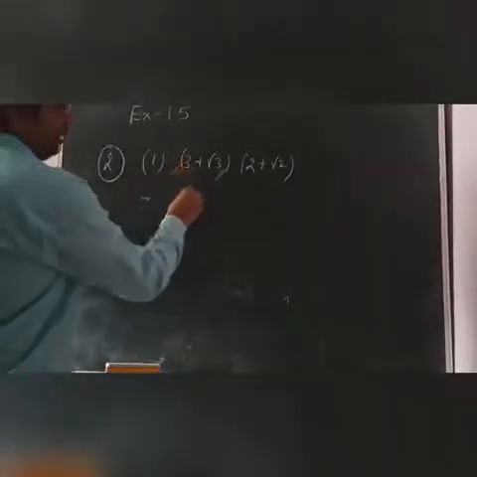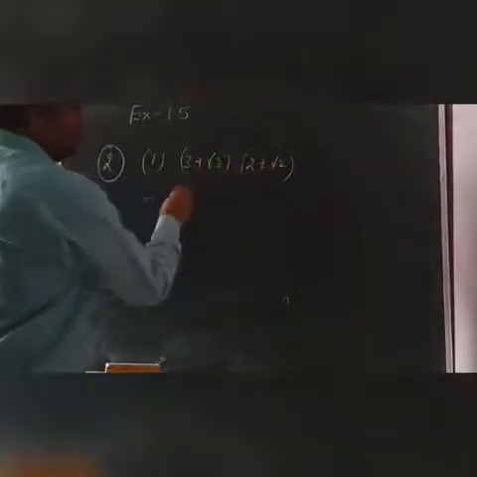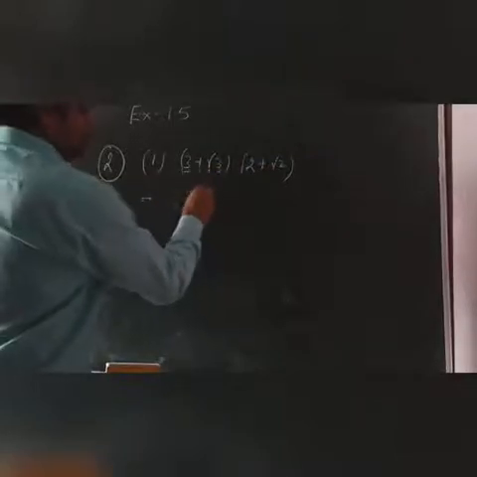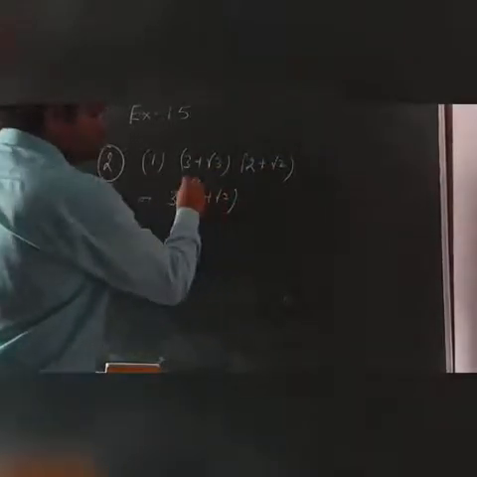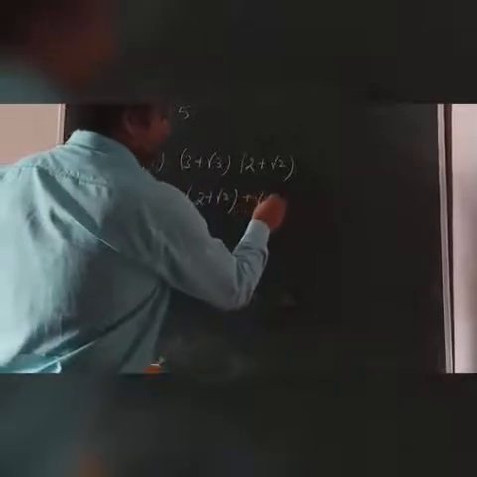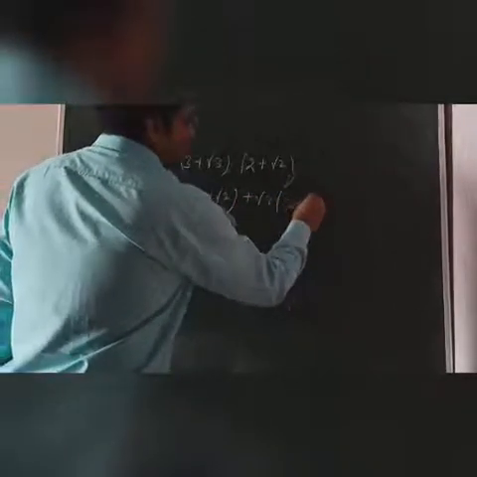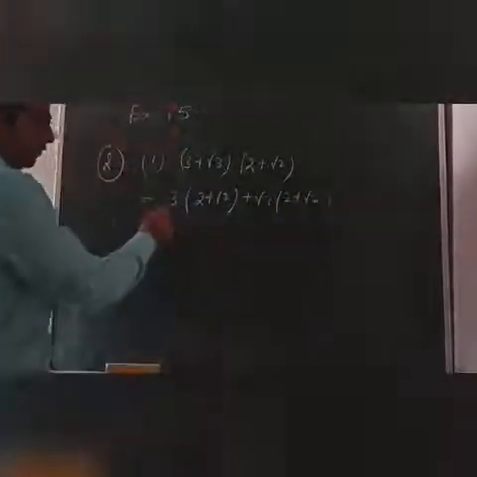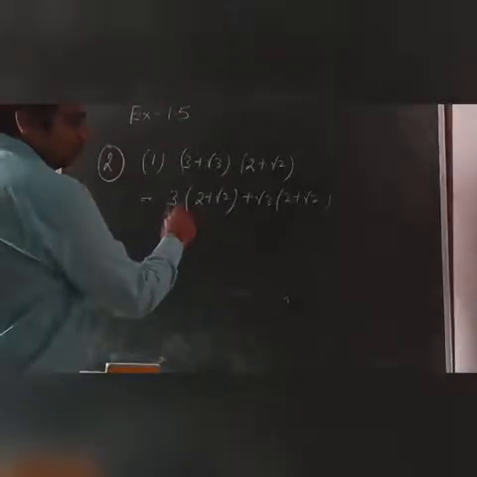Now you all know multiplication of rational and irrational numbers, and also multiplication of irrational and irrational numbers. So here we multiply 3 into under root 2, and also multiply under root 3 into 2 plus under root 2, both. Rational into rational gives 3 into 2, which is 6.